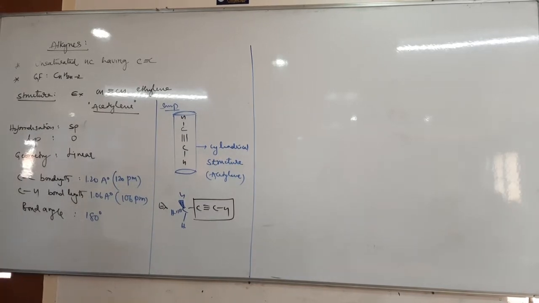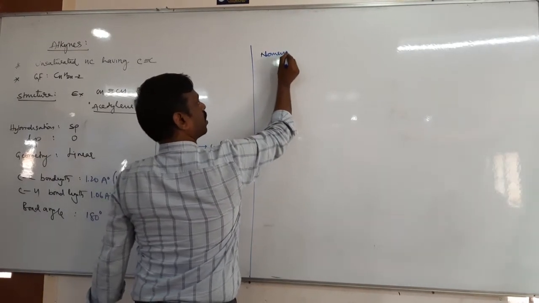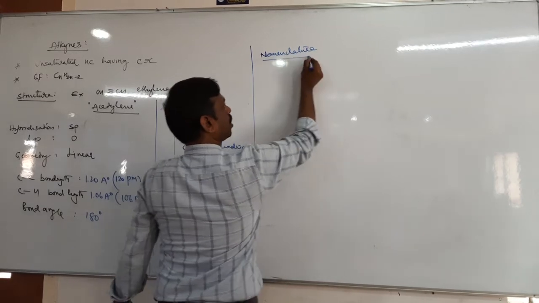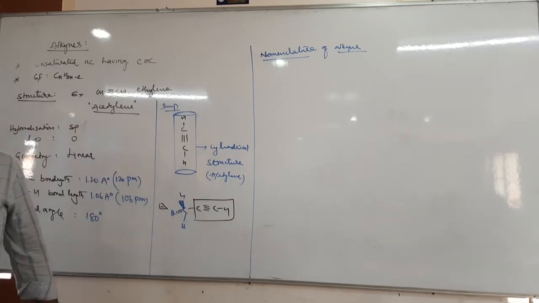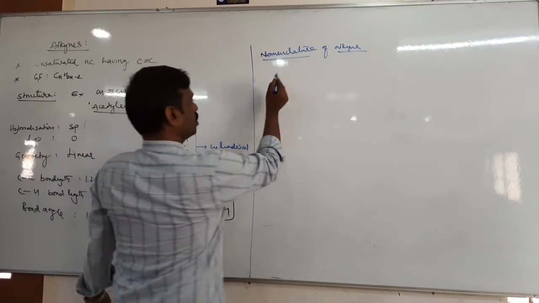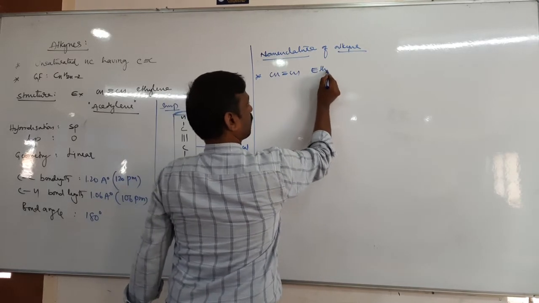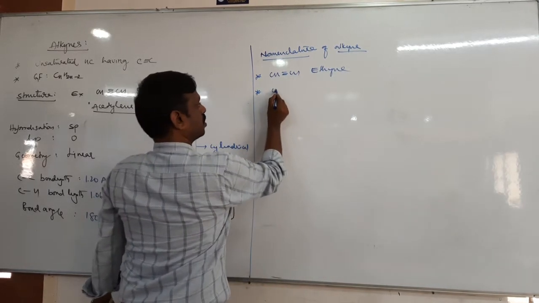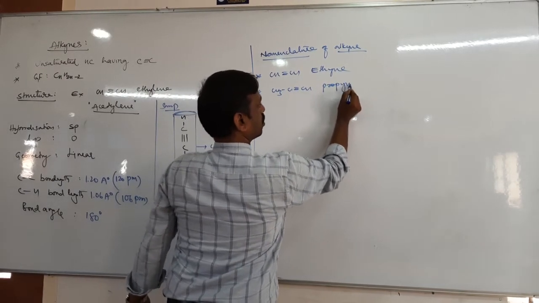Next, the second point is nomenclature. We studied nomenclature in detail in the nomenclature topic, nomenclature of alkyne. Okay, so this is CH triple bond CH. Tell me what this is. Ethine. CH3 C triple bond CH is propine.